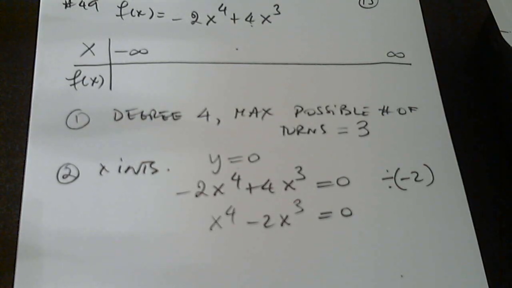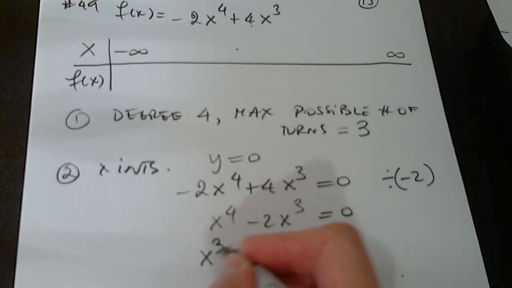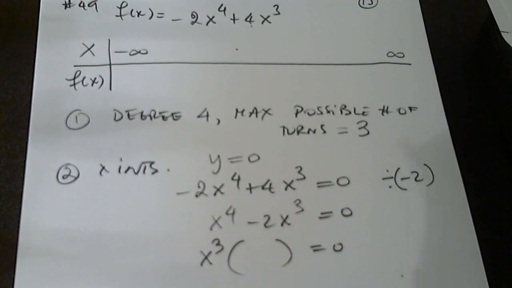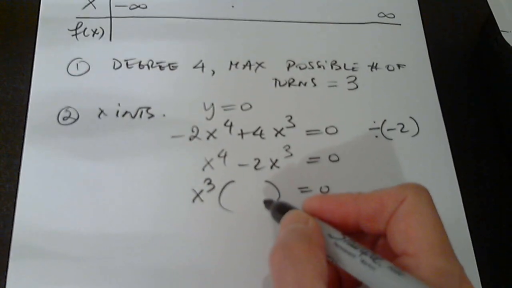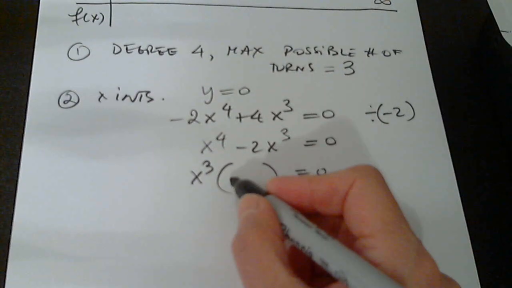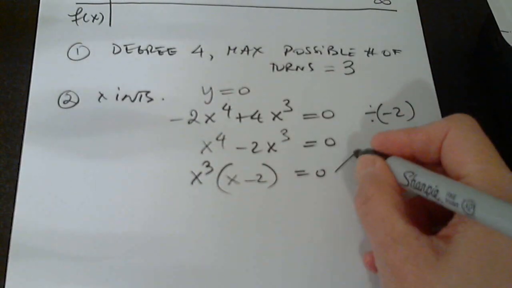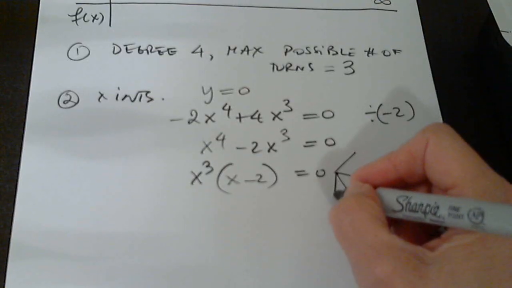The greatest common factor, which is x cubed. And indeed what is left in parentheses: x and -2. Indeed. x minus 2. Indeed. So now we have 4 solutions.